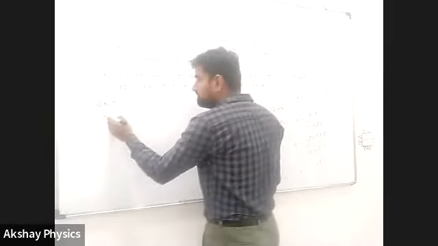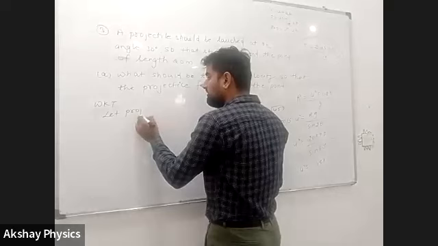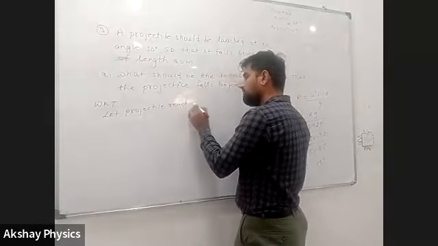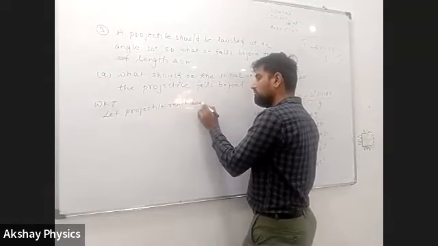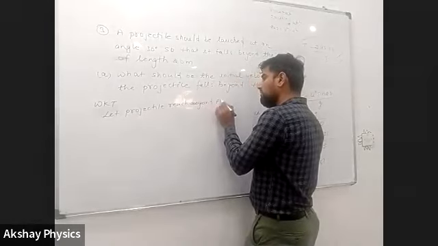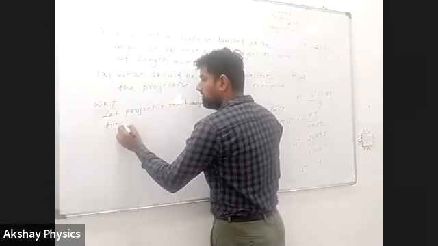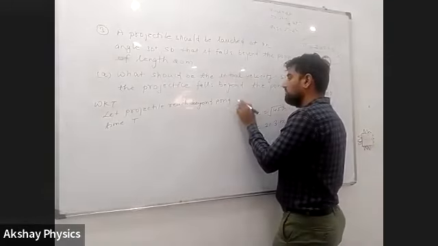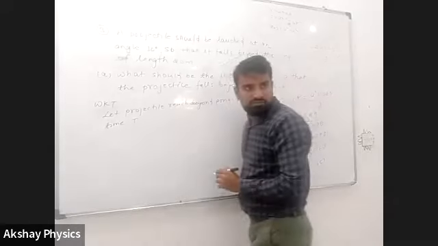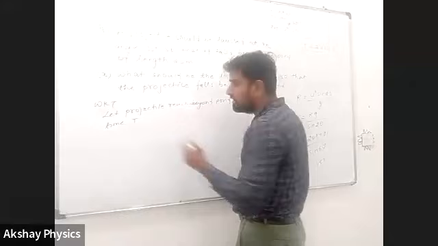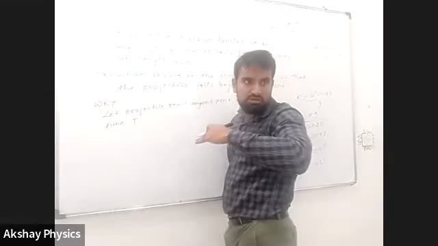So let the projectile reach beyond the pond at time t. In that condition, we can easily know that the vertical displacement is 0, right?